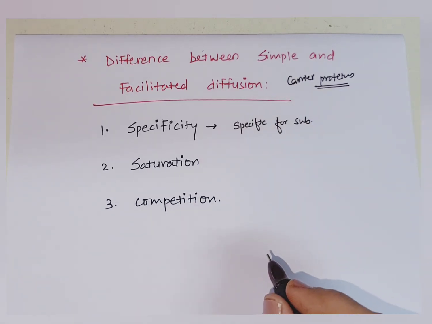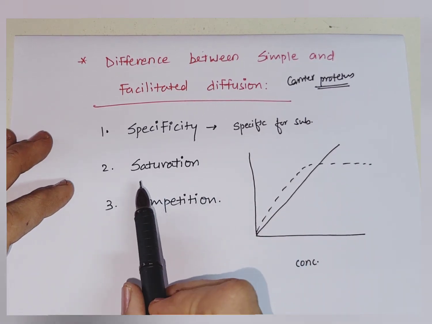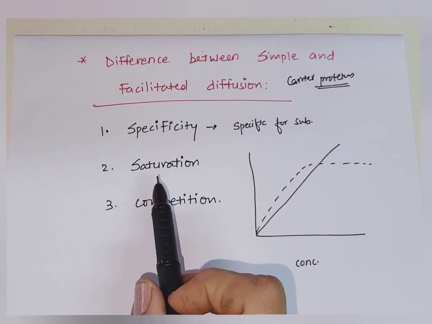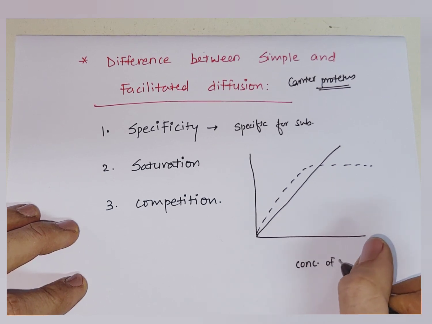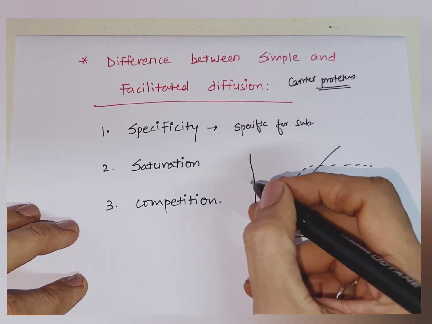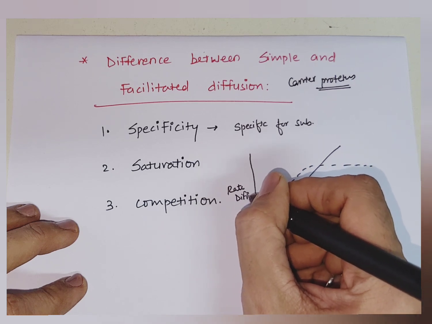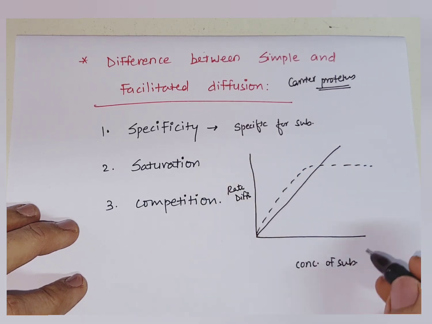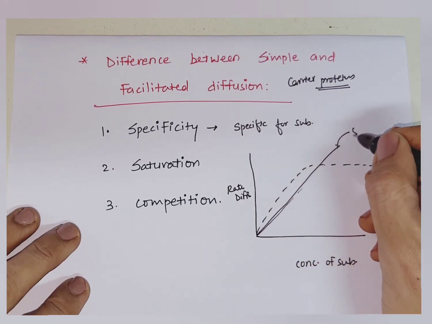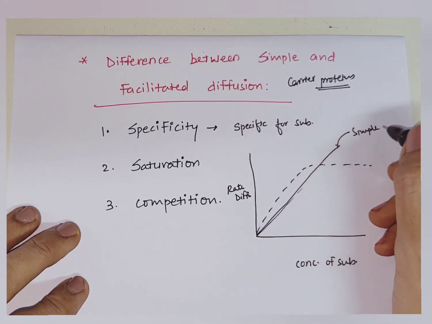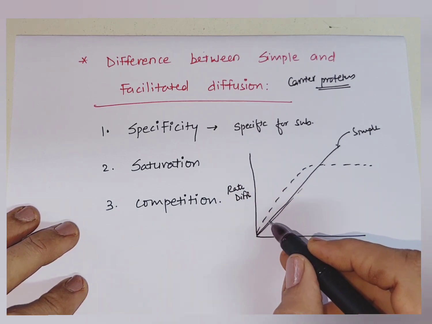Now what is this characteristic, saturation? If we look here, you can see saturation. What is the meaning of saturation? Suppose this is the concentration of substance and here it is the rate of diffusion. So what happens in simple diffusion? As the concentration of substance increases, you can see this is the line for simple diffusion, the rate of diffusion increases. And the second one is for facilitated diffusion.